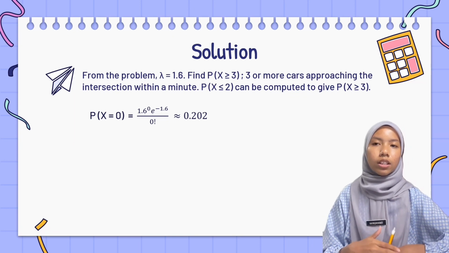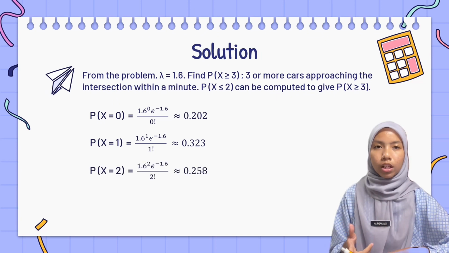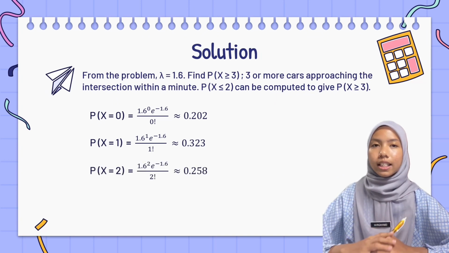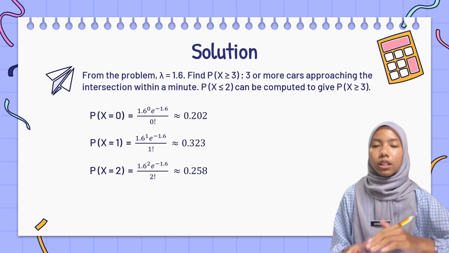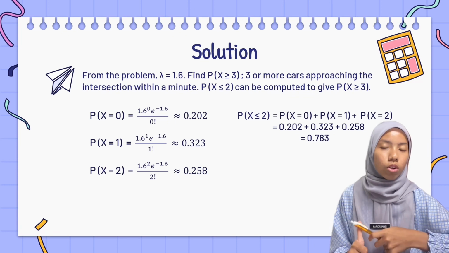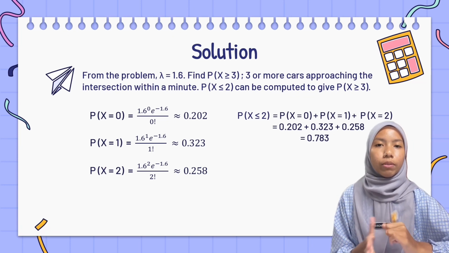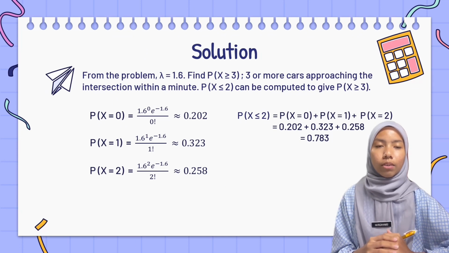Next, we find P(X = 1) and P(X = 2). So to find P(X ≤ 2), we just add P(X = 0), P(X = 1) and P(X = 2), and we get the value 0.783.